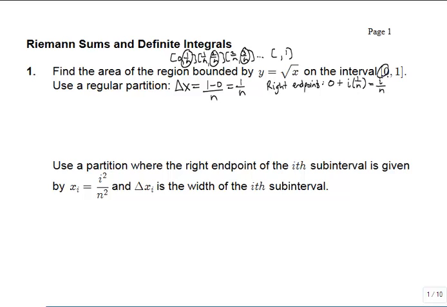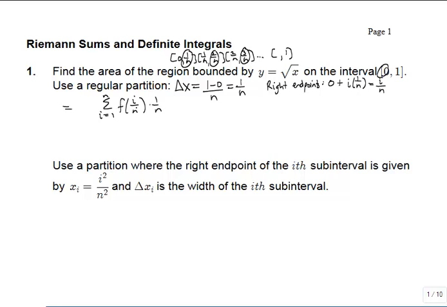So now what we do to get our actual area is we sum up the sum from i equals 1 to n of the function evaluated at these right endpoints. So the function at i over n, that's going to give you the height of each of our rectangles and tell you how high to go. And then we're going to multiply that height by our width, and our width is this 1 over n.